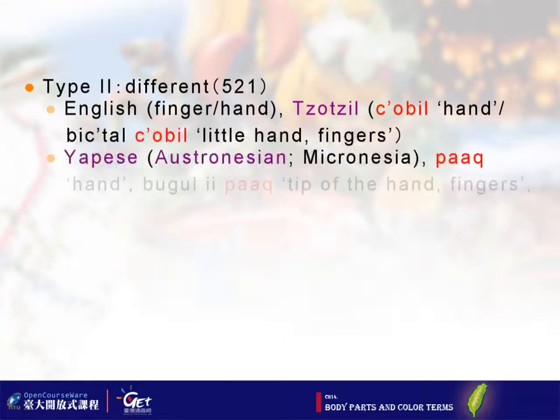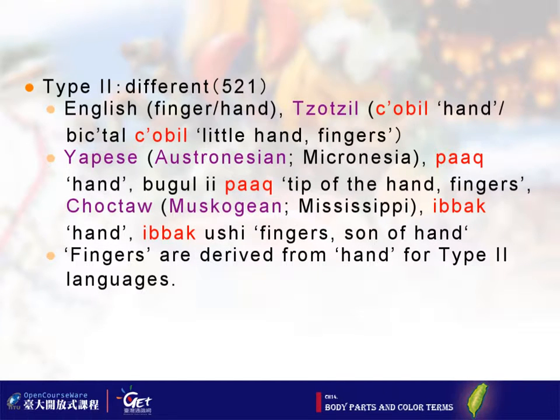The second type is different terms, and of course English is one of those. Finger and hand will be different. There are 521 languages showing different terms.